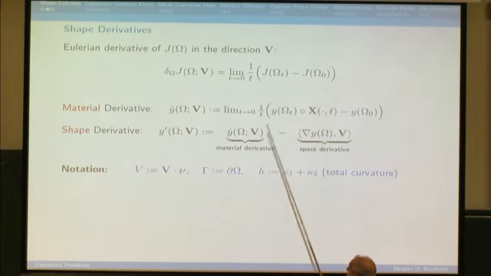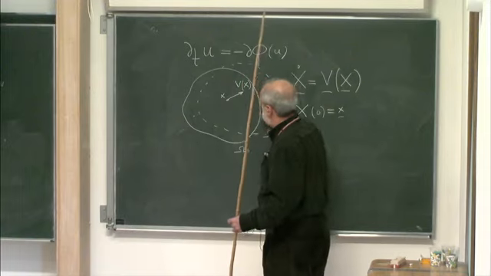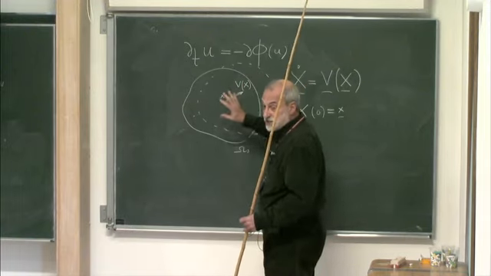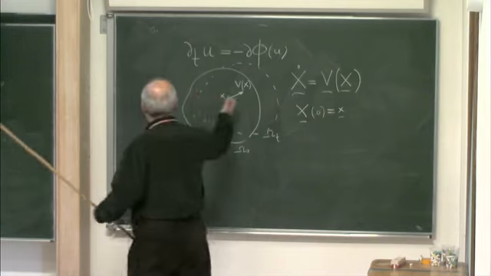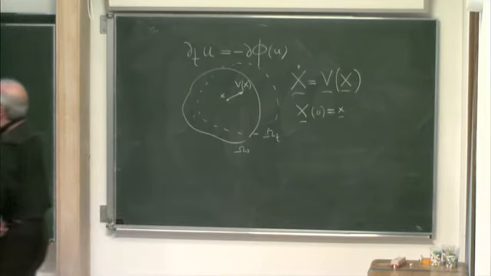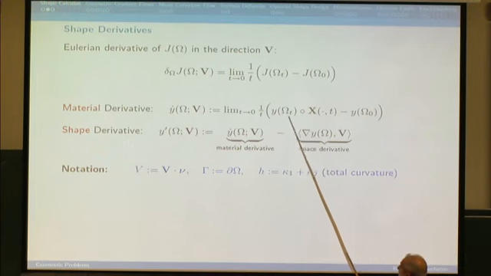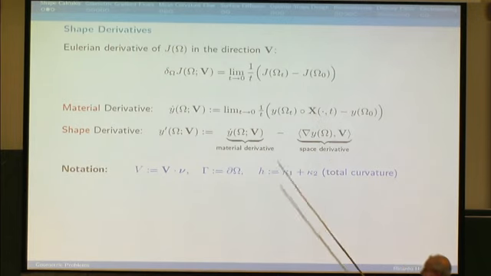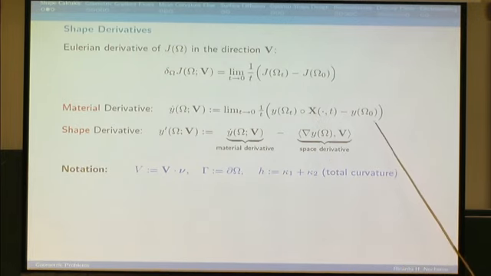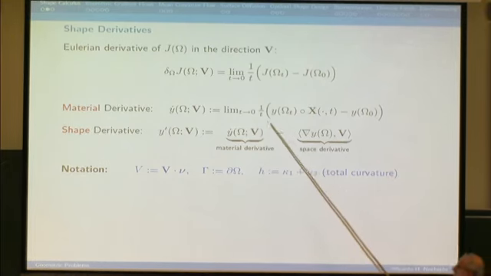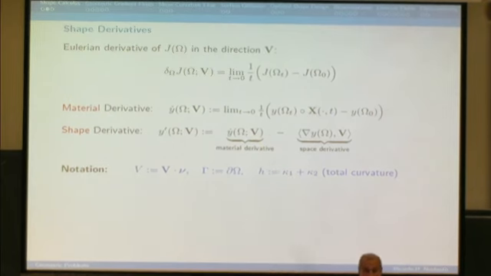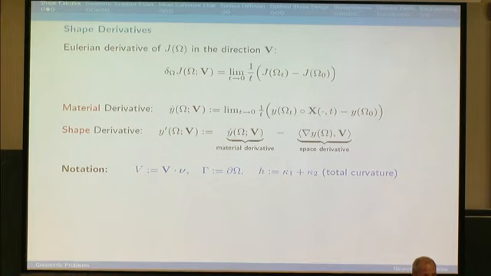Well, when you change the domain, in this new domain, you have to imagine that you solve a different PDE, corresponding boundary conditions and so on, and the solution of that PDE, perhaps viewing the original domain through a transformation, so it's defined in the same domain, is this function. So composed with the transformation, now this is defined in the original domain, and I can relate it to the original solution, in the original domain, scale, and this is the material derivative. So we are just following the flow. It's a Lagrangian derivative.